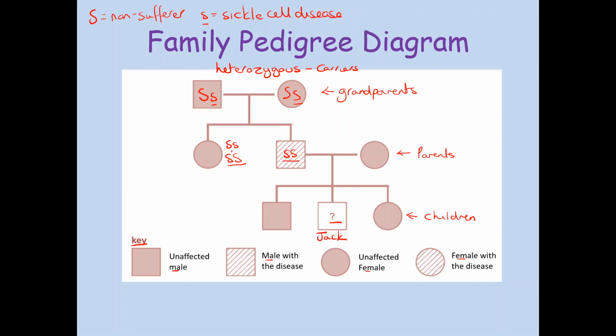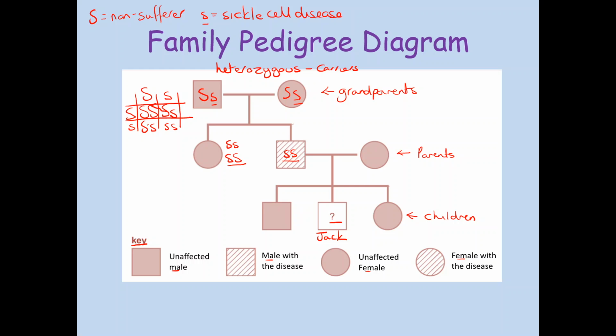Okay, why does this work out? Okay, so we'll do a little Punnett square up here just to prove that to you. Okay, so granddad's alleles, and grandma's alleles. If we cross them, two capital S's, capital S, lowercase s, capital S, lowercase s, and then 2 lowercase s's.